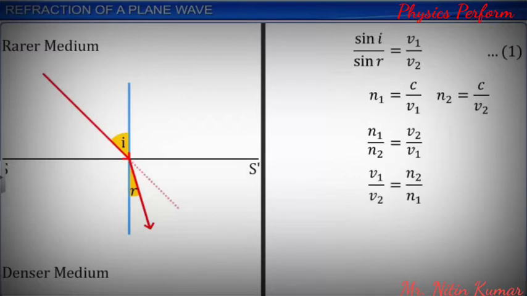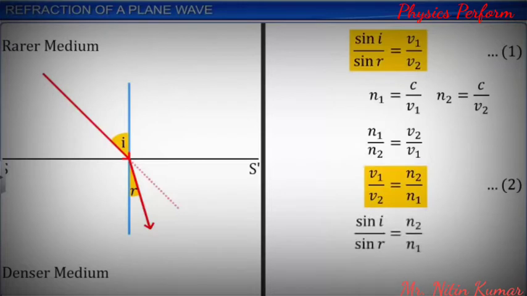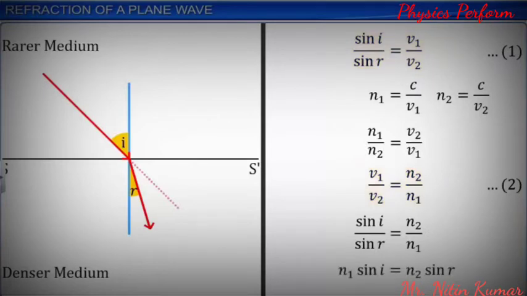Let this be equation 2. From equations 1 and 2, we can write sin I by sin R is equal to N2 by N1. This can also be written as N1 sin I is equal to N2 sin R.